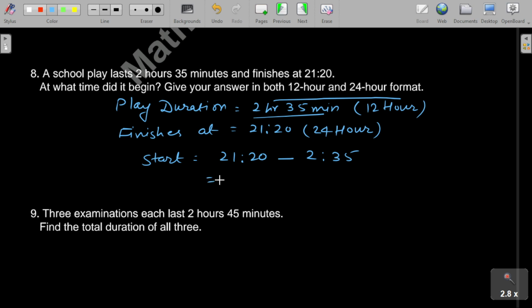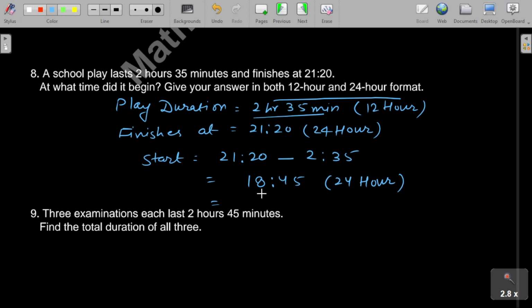If we subtract 2 hours 35 minutes from 21 hours 20 minutes, then the answer is 18:45, 18 hours 45 minutes. Okay, this is our 24-hour format, and we have to provide the answer in 24-hour and 12-hour.